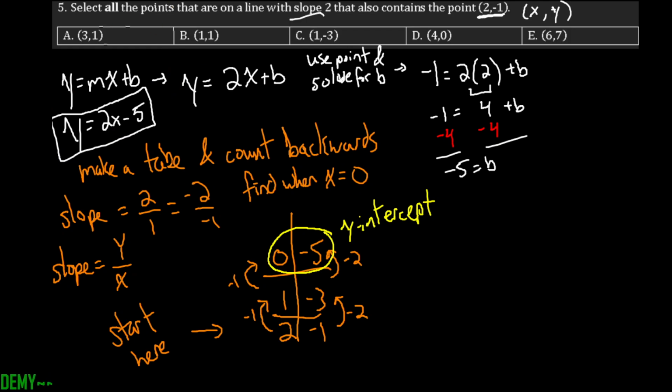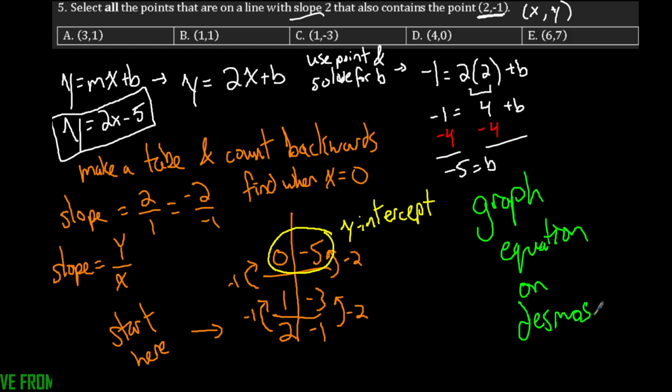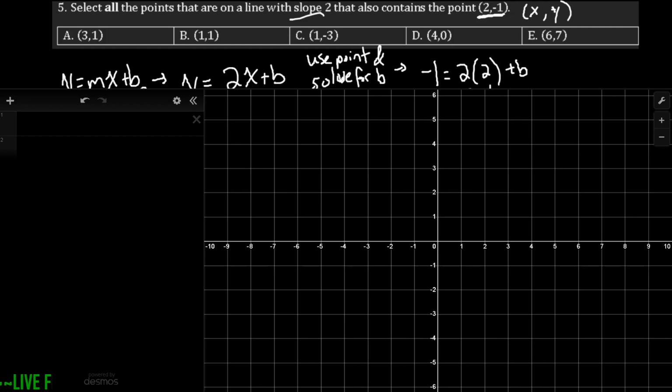So now that we have our equation, I'm going to graph the equation on Desmos, because we need to see which of these points are on that line. Let me pull up our wonderful Desmos calculator.